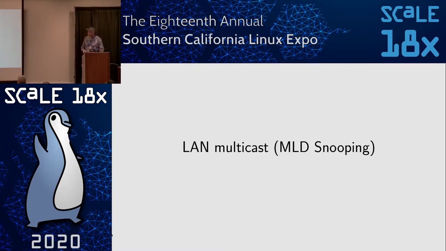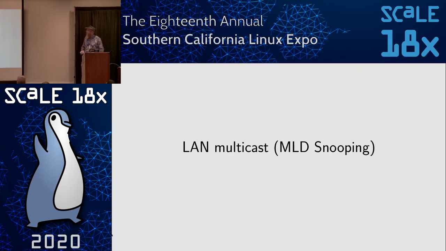To have multicast working on a local LAN, well, it kind of works by default. But if you don't have MLD snooping turned on, or in the case of IPv4, IGMP snooping turned on, then it's essentially broadcast. So the failure mode is at least that it works, but it doesn't work very well.